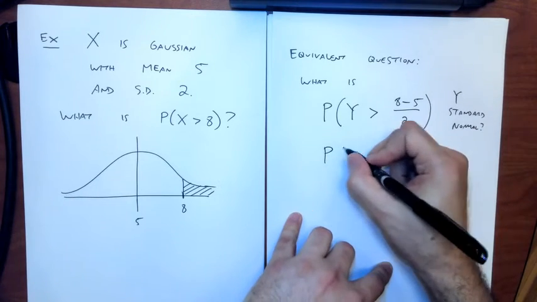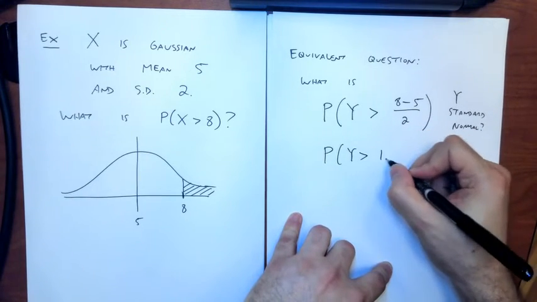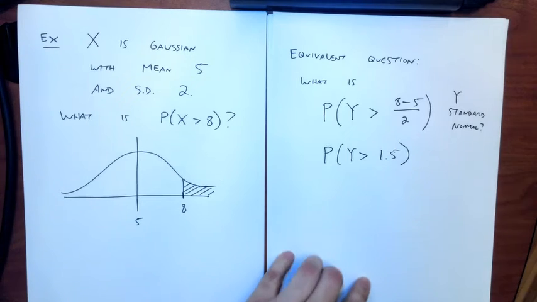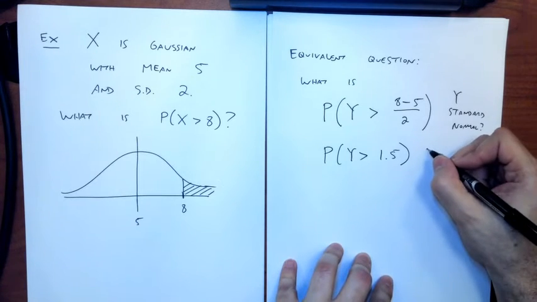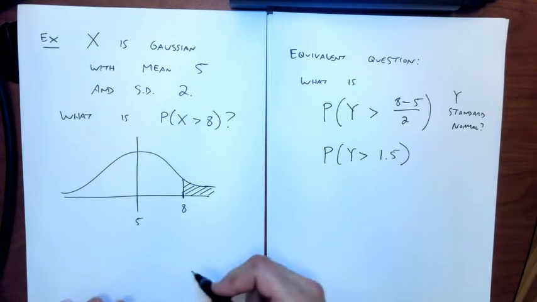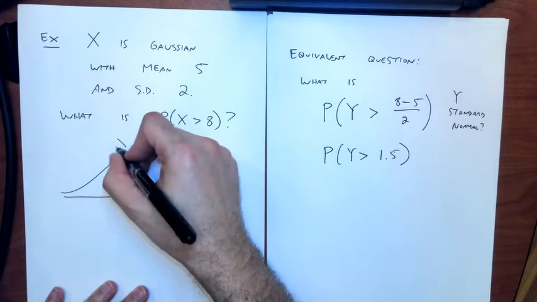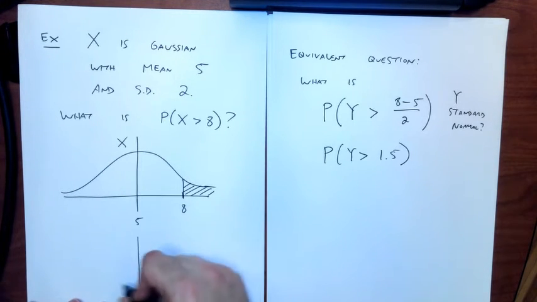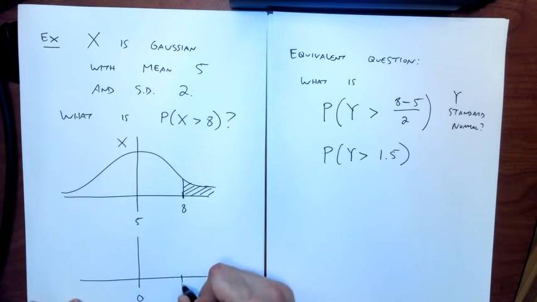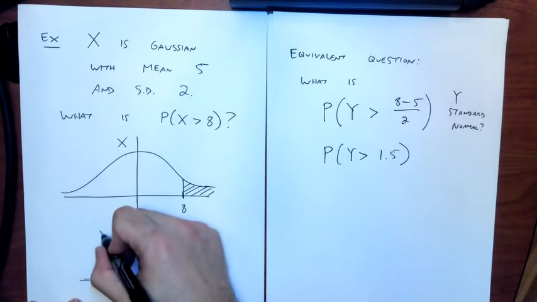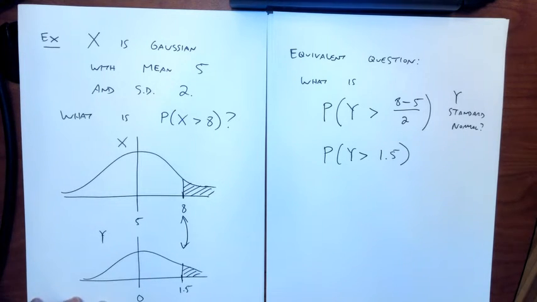The probability that y, if I simplify this right-hand side, is greater than 1.5. So I'm converting from the world of x to the world of y, where I'm at 0 mean, and this number is 1.5. These are equivalent statements.